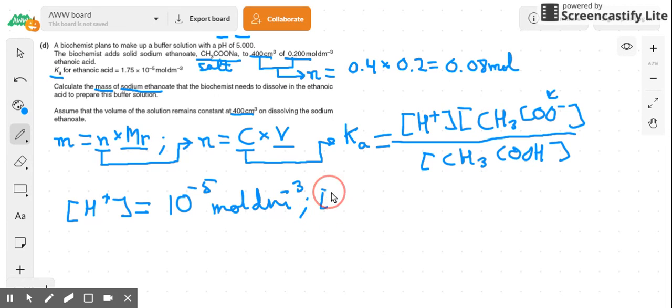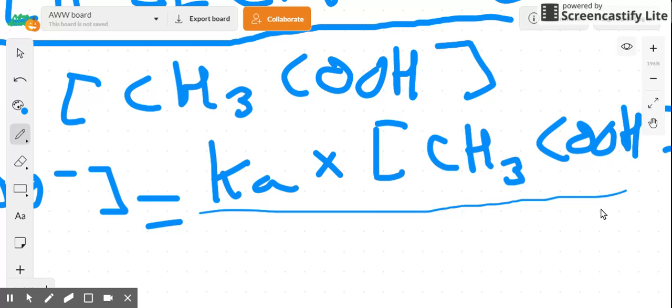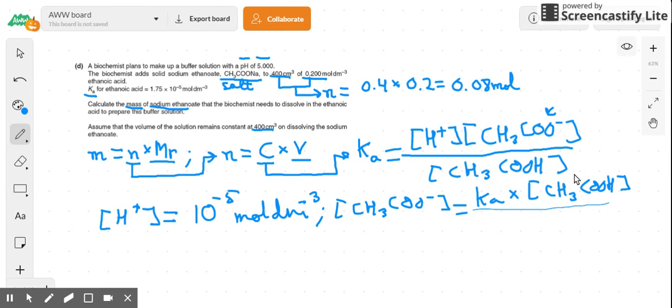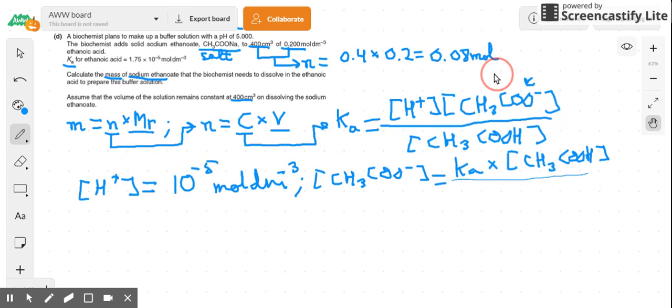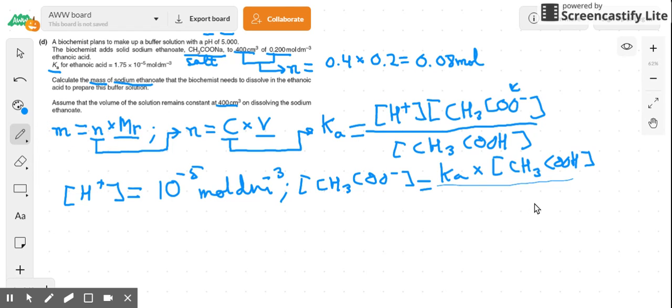So concentration of salt, of conjugate base, which is the same, equals the Ka times concentration of acid divided by the concentration of protons.